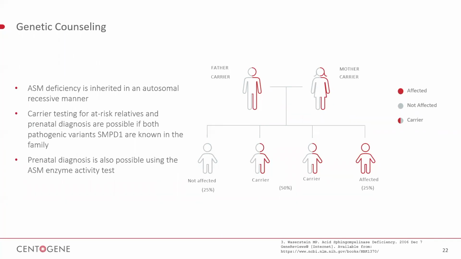Carrier testing is available for families once both mutations have been identified in a family, and could then be offered for family planning or future pregnancies, and as well for any family history indicative, you could do prenatal diagnosis using enzyme activity tests as well.